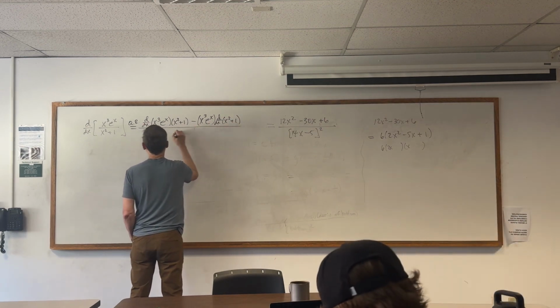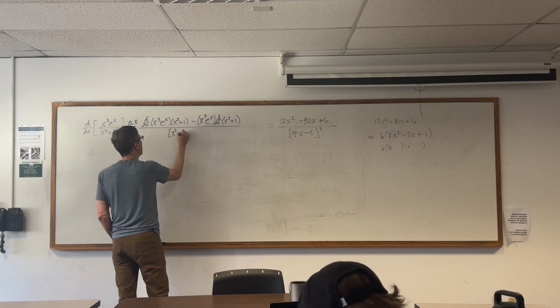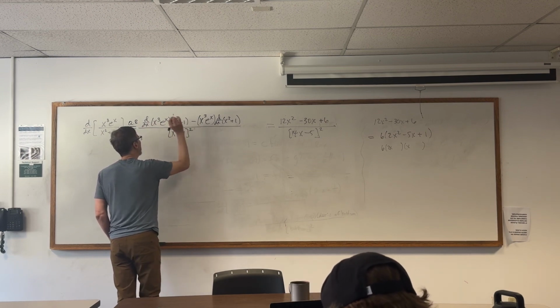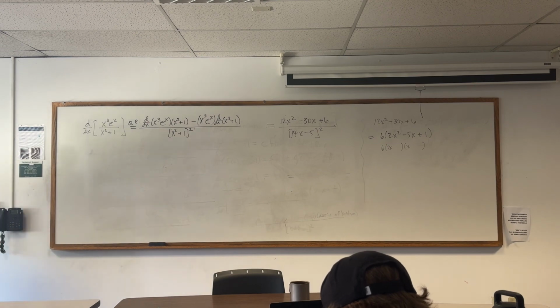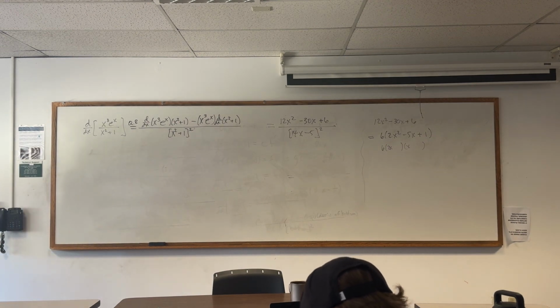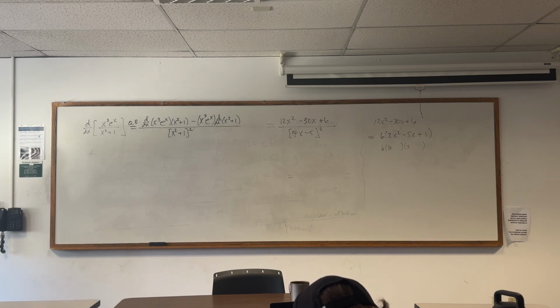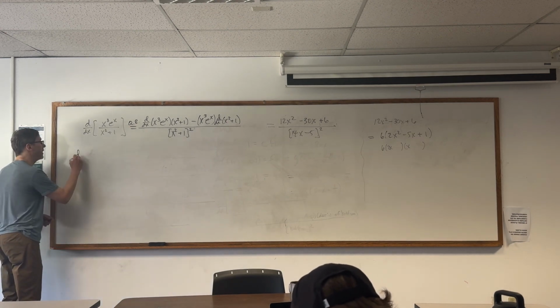So that's the level 1. All I did was write down the quotient rule. I didn't even think. I'm literally just plugging into the quotient rule.